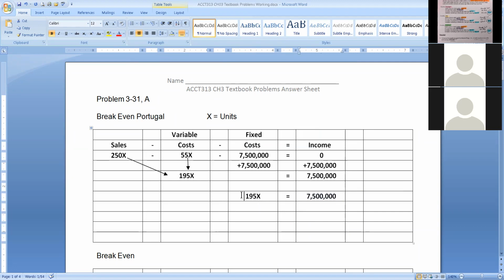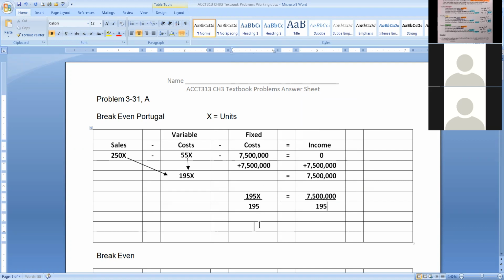So we're going to divide each side by what? 195. Yeah, so we're going to divide by 195.